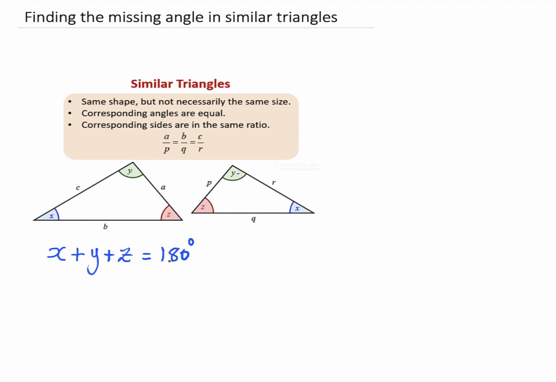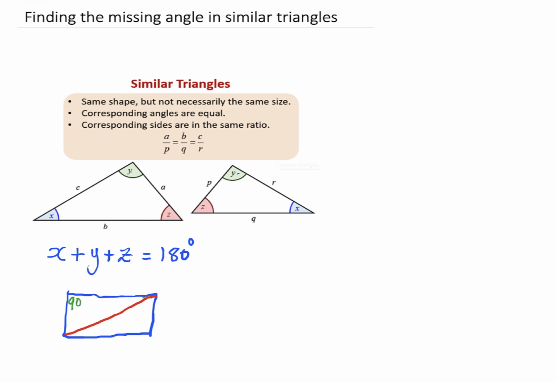Now, one of the things you must know about a triangle is that a triangle is actually half of a rectangle or square. So I have a rectangle here, and let's cut it in half. If I cut it in half, I'm going to get two triangles. Now, with a rectangle, all the angles are 90 degrees.